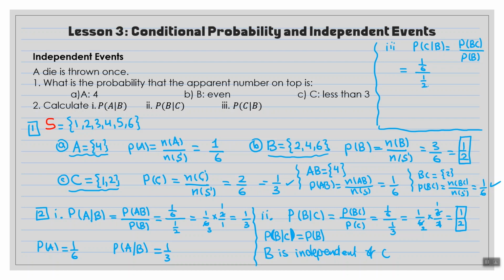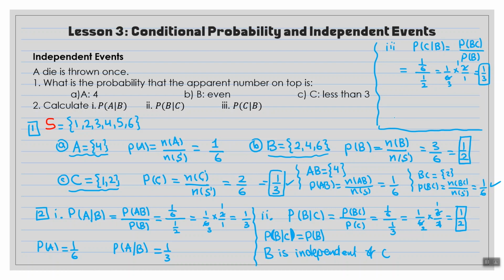So what are we going to do now? We'll keep, change, flip. We'll cancel the 6 with the 2. We will get 1 here and 3 here. So the answer would be 1 over 3. Now notice that this answer is the same as the probability of C itself.